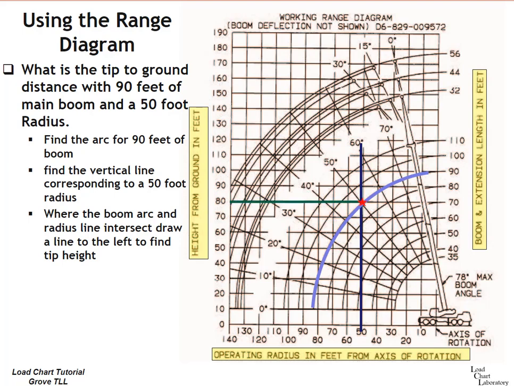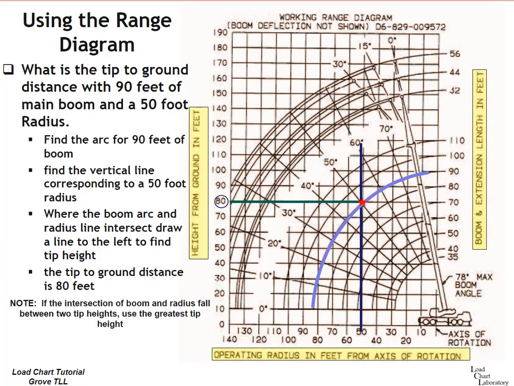I'm actually putting in a green line to illustrate that straight line over to the left. And wherever that straight line ends up, that is your tip to ground distance or your tip height, 80 feet. The tip to ground distance with 90 feet of main boom and a 50-foot radius is 80 feet. And 80 feet is the distance that you'll use for your wire rope calculations.